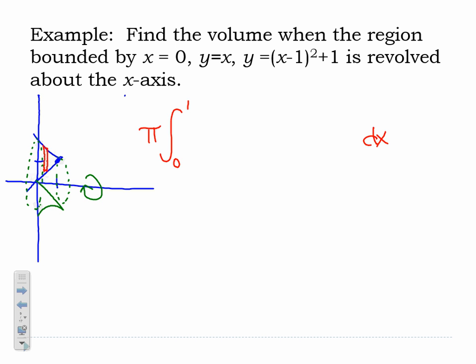Okay? Our big radius would be from, I'm going to highlight it in red, the top of our rectangle to our axis. How far is that? How far is it from this red curve, the top of our rectangle, to the x-axis? Yes, it's the function.